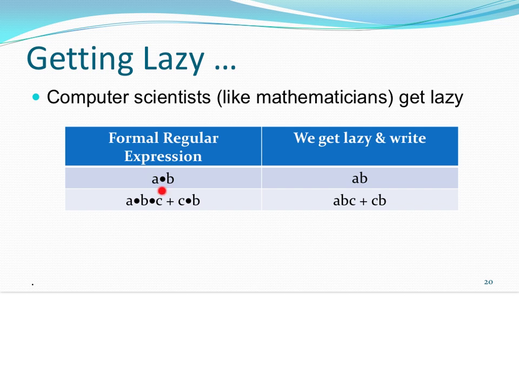Just like if you think of the dot as times in math, people stop writing it very quickly. If they say A times B, they don't write A dot B. They just write AB. And when they're talking about A dot B dot C plus C dot B, they just write ABC plus CB. And we're going to do exactly the same thing here. We're going to leave out the dots. And remember, the dot represents concatenation. We'll get there in a minute.